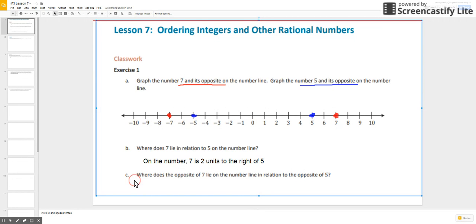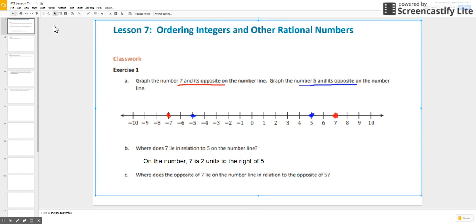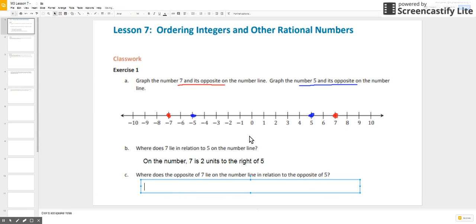Let's grab another text box and put that down there. Once again, on the number line, I forgot to put line up here, I apologize. Let's insert that in.